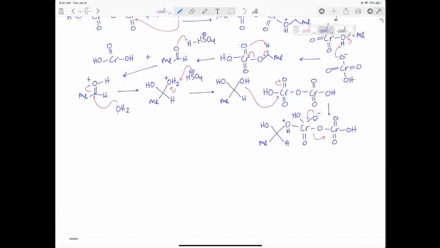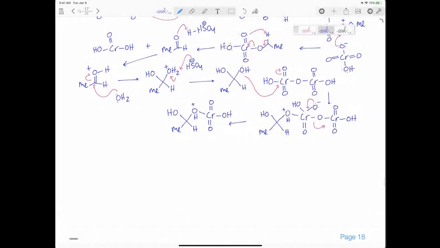Right here, you would have this here. So now you have two carbonyls and then one alcohol, with methyl here and hydrogen here.